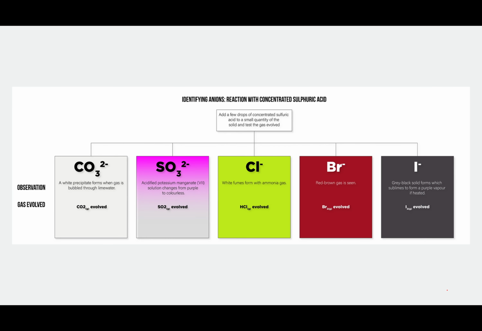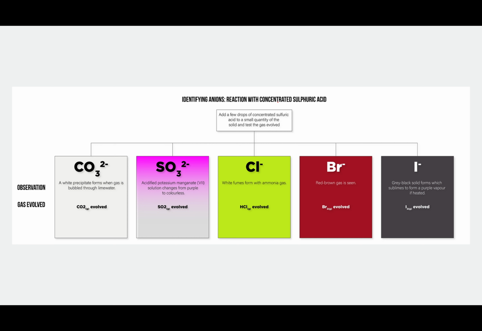Reactions with concentrated sulfuric acid now, right, for everything else. So we know those two that are focused on, the carbonate and the sulfates, right? With chloride now, we're going to get white fumes when we react it with ammonia gas.